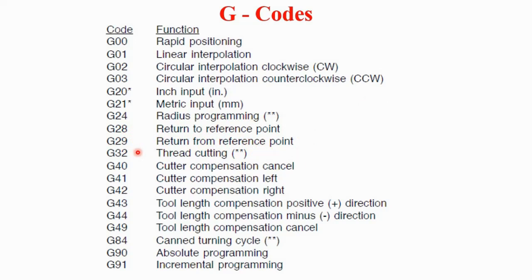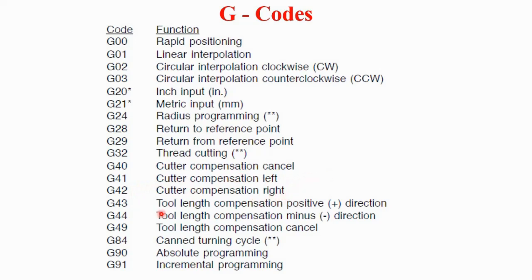Then G32 is used for thread cutting. When we are going to cut a thread on a particular job, in that case the G32 code is used. Then G40 is used for cutter compensation cancel. G41 and G42 are used for cutter compensation left and cutter compensation right.